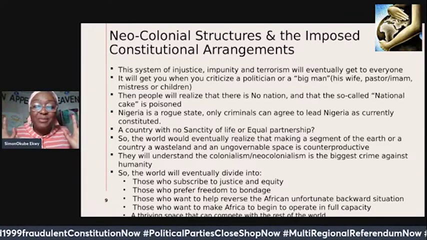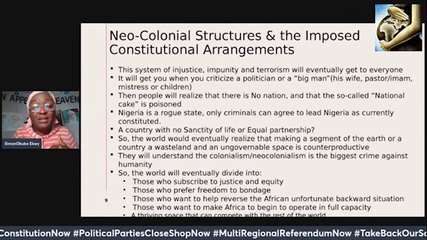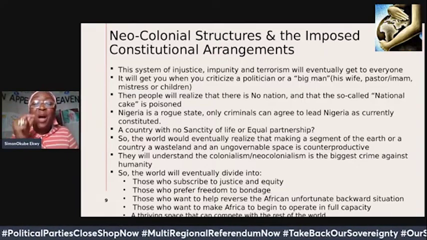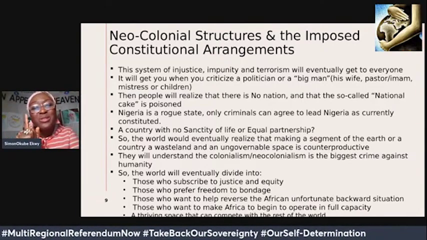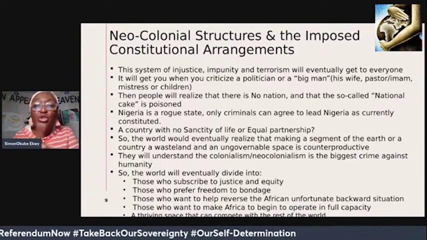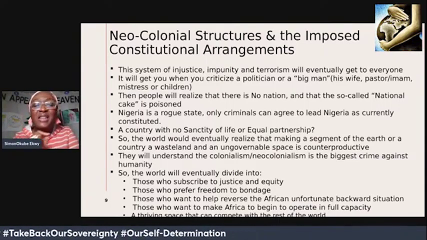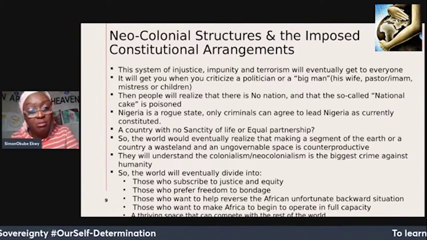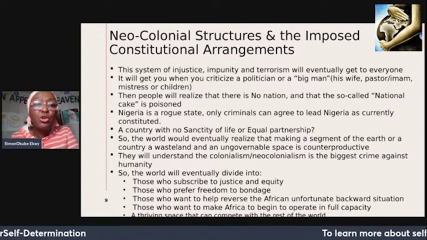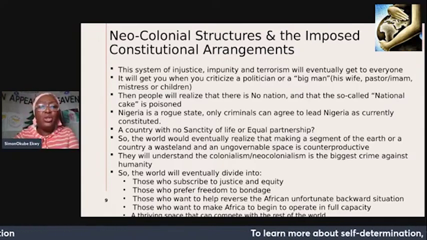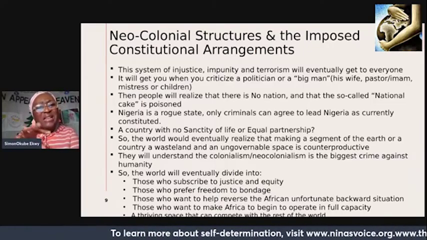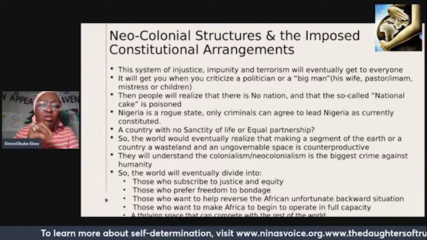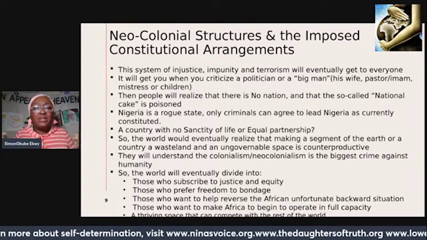Only criminals can agree to lead Nigeria as presently constituted. Only criminals. There's no genuine person that really wants to help the people that we agree to be the president of Nigeria for one second, because there's nothing you can do under the 1999 constitution to make it good for the people. So if you are agreeing to go and be voted for to come and lead under the 1999 constitution, it just tells us that you're a criminal.